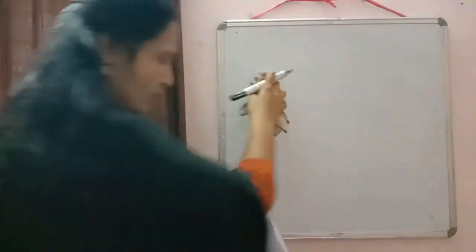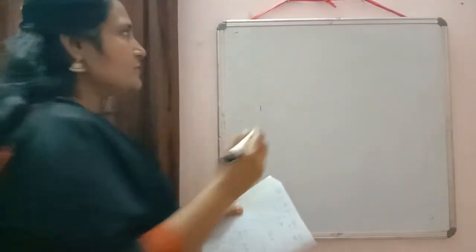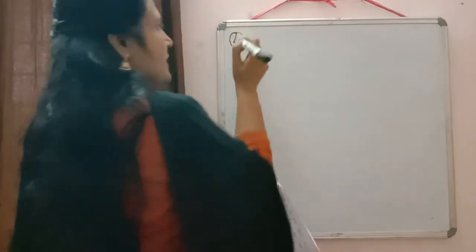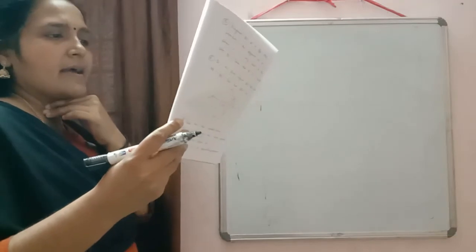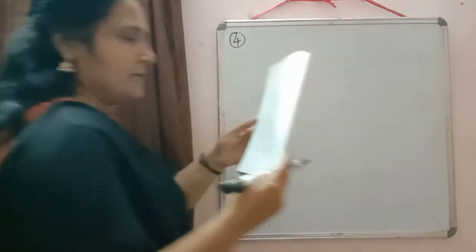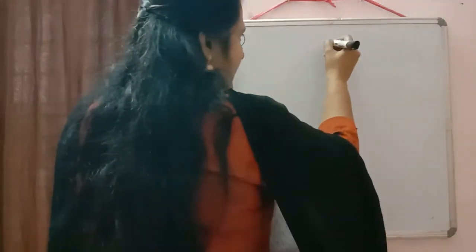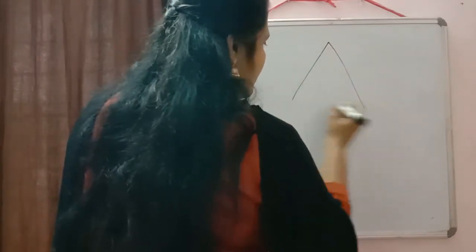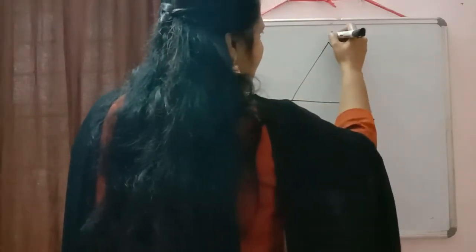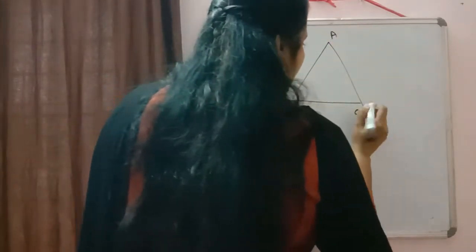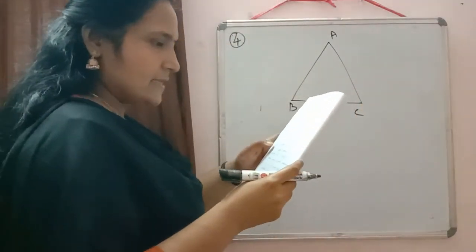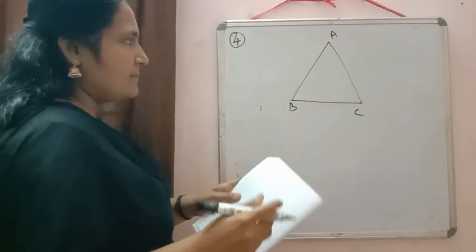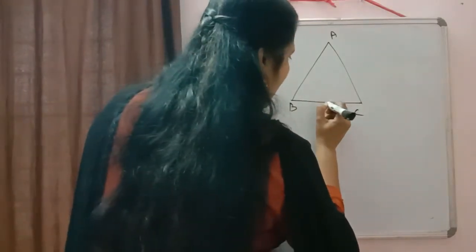In question number 4, I think the diagram is not given. So we have to draw the diagram. In question number 4, we have a triangle ABC. And what is the condition given in that triangle? F is a point on BC.